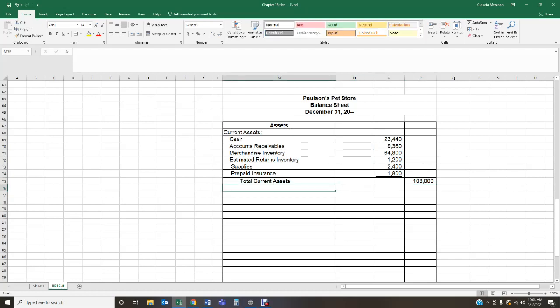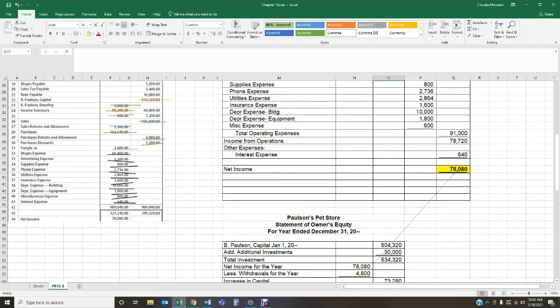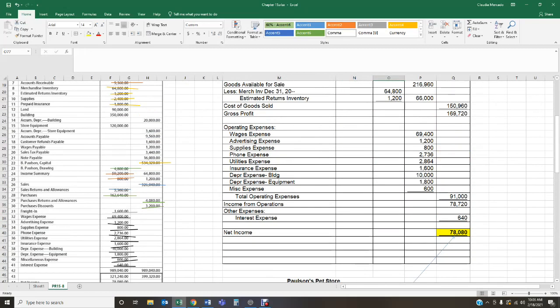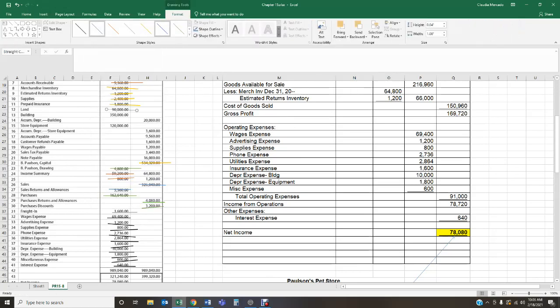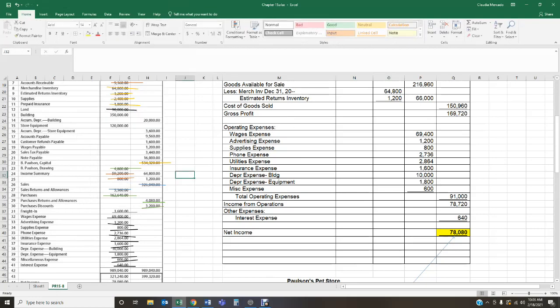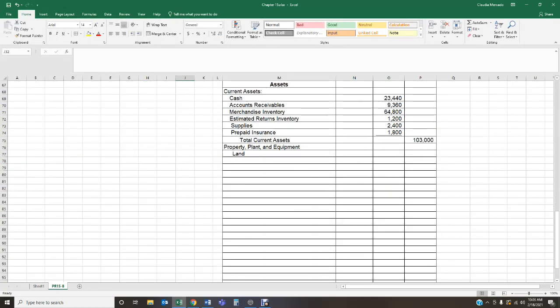Now I have another category called property, plant, and equipment. In here, I've got my land. How much did I have in land? I had 90,000 in land, so I'm going to bring in my land figure.